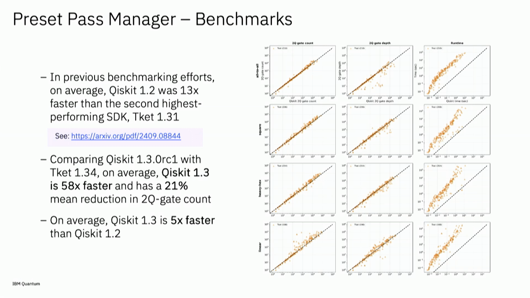If you compare that to TKET, when we ran Qiskit 1.2 versus TKET 1.31, which was the latest release of TKET at the time, Qiskit was 13 times faster. When we compare 1.3.0 RC1 against TKET 1.34, which is now their most recent release, Qiskit is 58 times faster, and still reducing the gate count about the same amount, about 20%. And Qiskit 1.3 is, on average, 5 times faster than Qiskit 1.2.